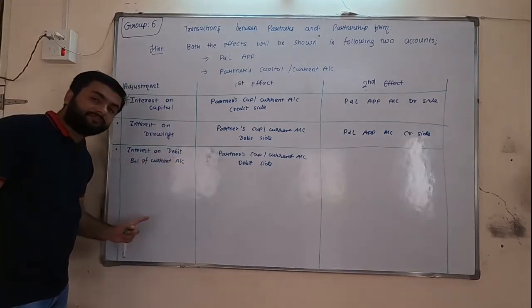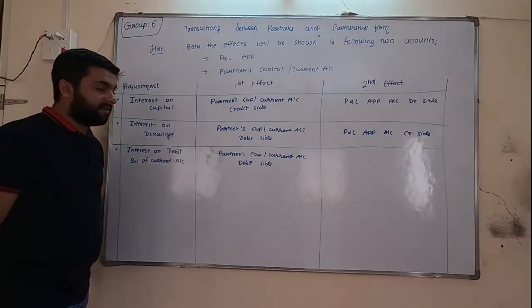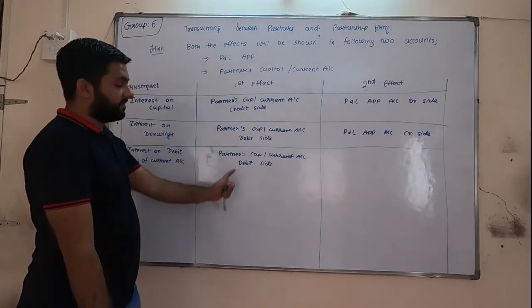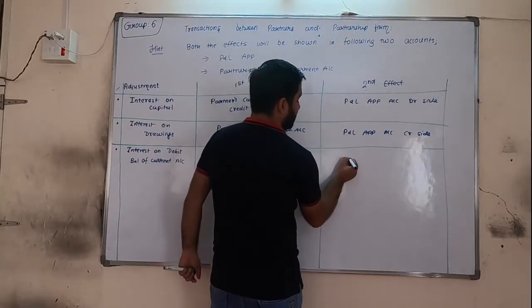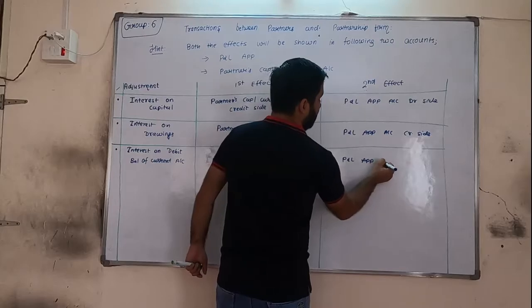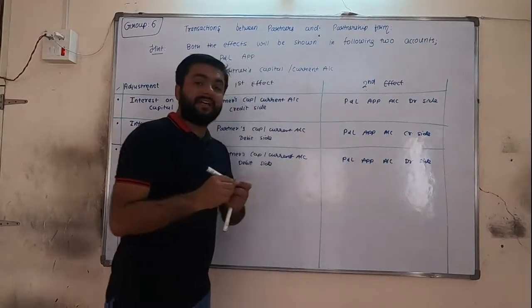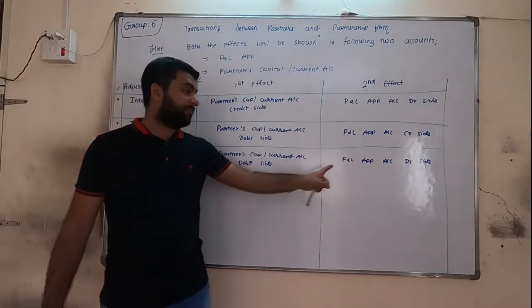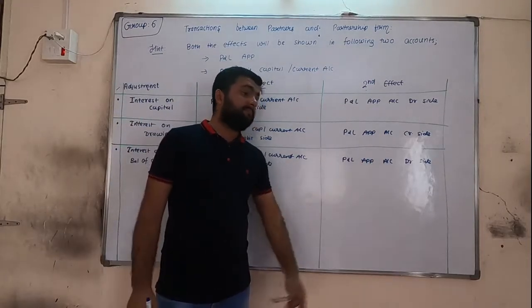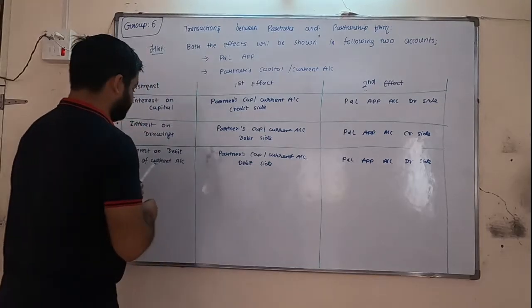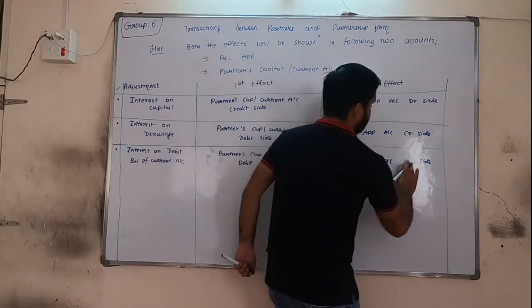It is interest of debit balance, so debit side of partners capital or current account, if one is debit other is credit, P&L appropriation account credit side. See, always make the difference between P&L and P&L appropriation. Don't write only P&L. Appropriation is required. Sorry, not debit, credit side.